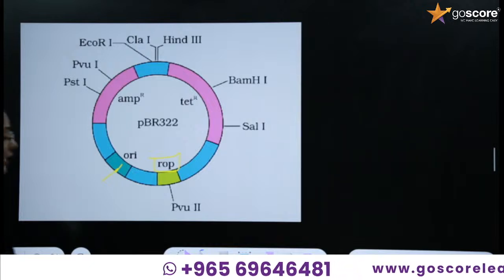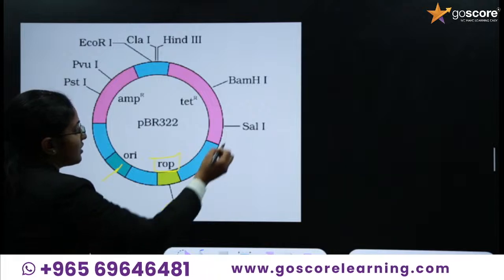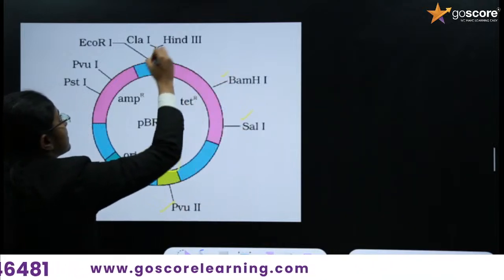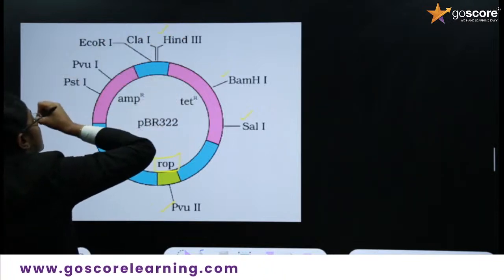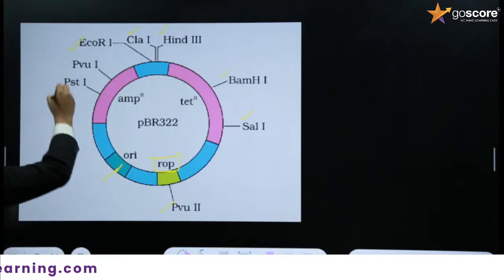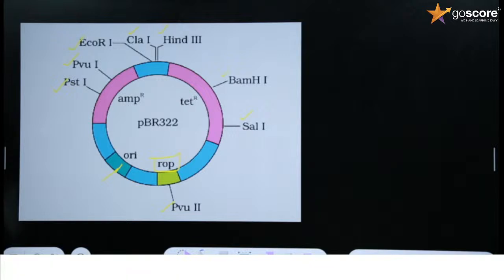Okay, next you can find different restriction enzymes. PvuII is a restriction enzyme, SalI is a restriction enzyme, BamHI is a restriction enzyme, HindIII is a restriction enzyme, ClaI is a restriction enzyme, EcoRI is a restriction enzyme, PvuI is a restriction enzyme, and PstI is a restriction enzyme.